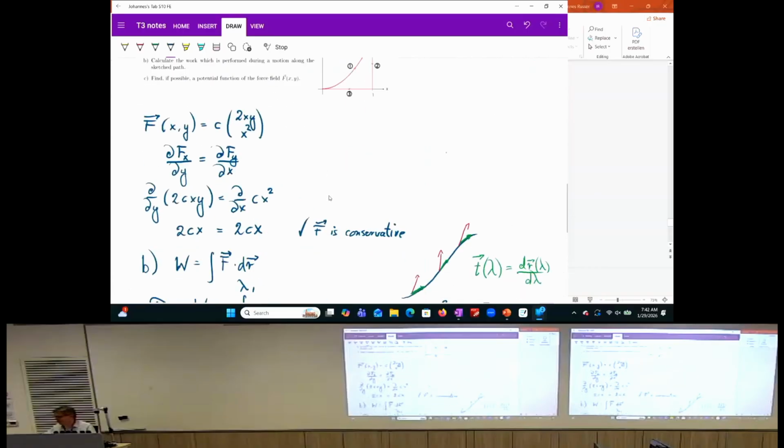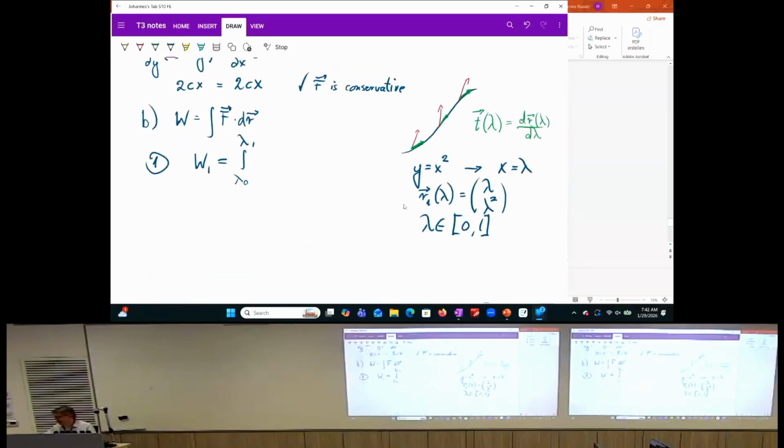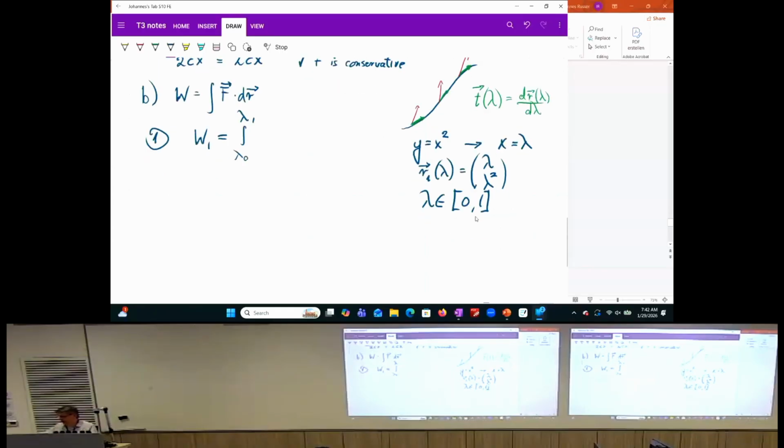It's a line integral, and somehow you have to make it a function of one parameter so that you can perform the line integral in a nice way. So you say this is x, so you can put it in here as the substitute, or you have reparameterized, so you have a path vector that describes how the path is proceeding, and this is only dependent on a single parameter.